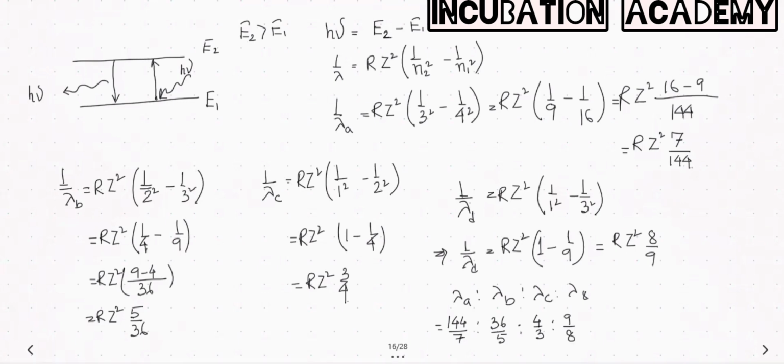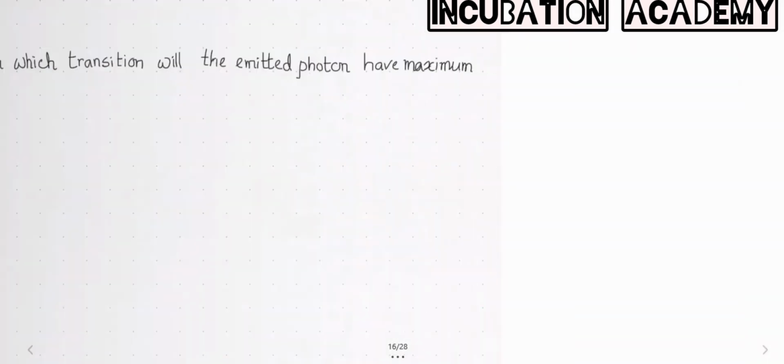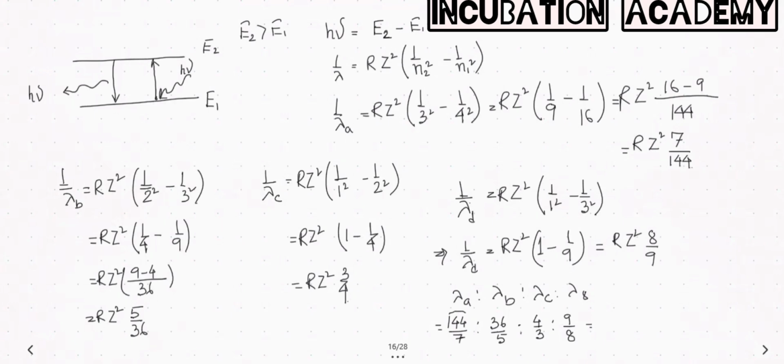So in which case does the wavelength have the maximum value? Obviously 144 by 7, so what is the value of 144 by 7?